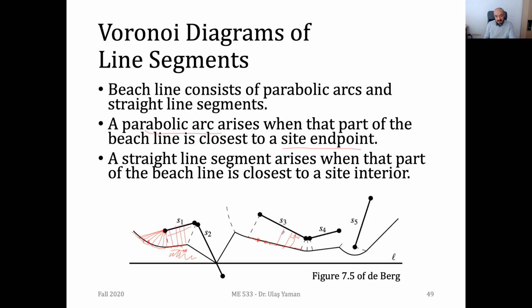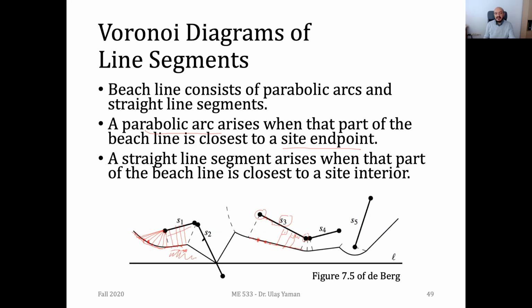This portion is not closer to S4, S5, or S2, they are all closer to S3. And their closest points are the interior points of S3, not the endpoints of S3. If you are closer to one of the endpoints, then you are on the parabolic arc.